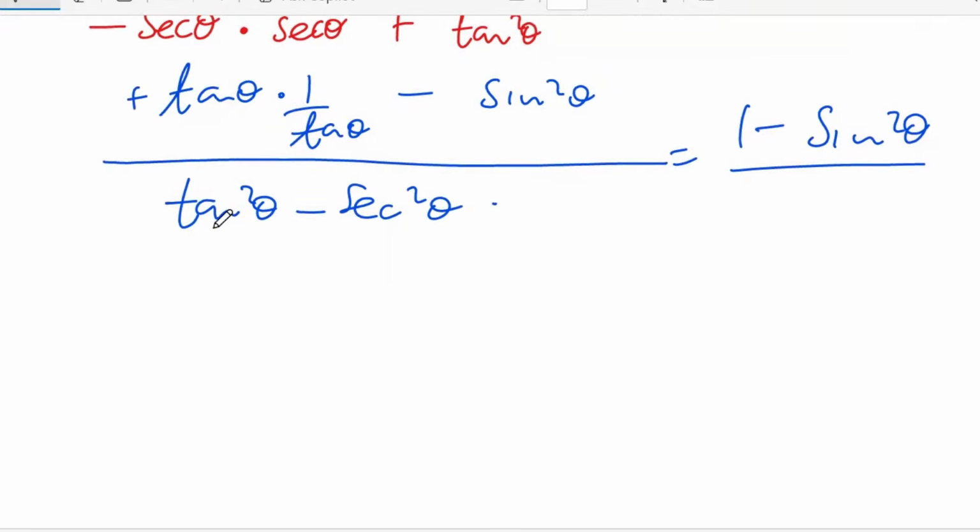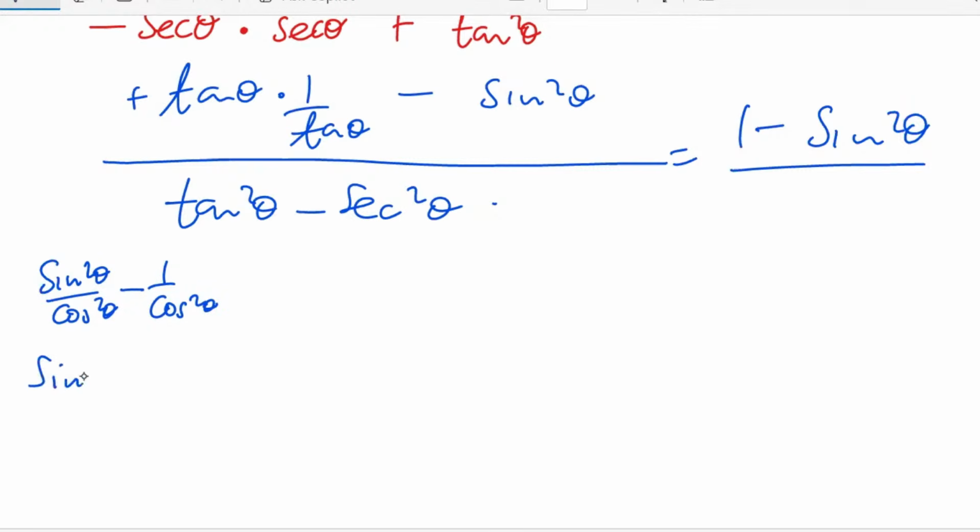What does it give us? Let's look at it this way. If this is sine squared over the cos squared, you're subtracting sec squared, which is 1 over cos squared. If we do our cross multiplication, tan squared minus sec squared.